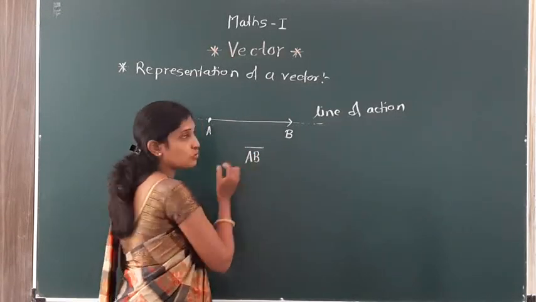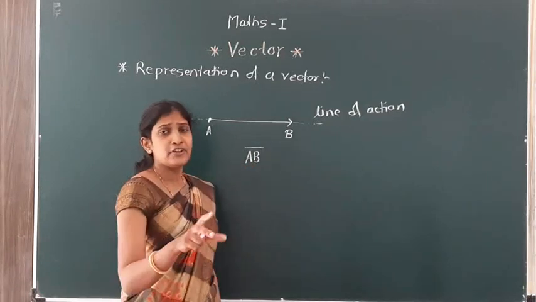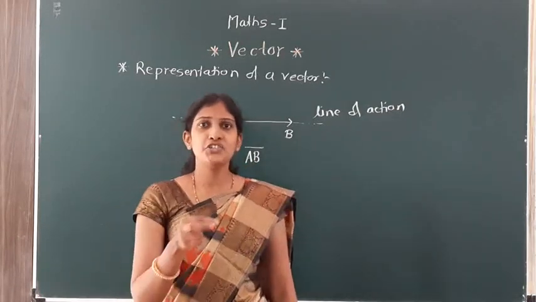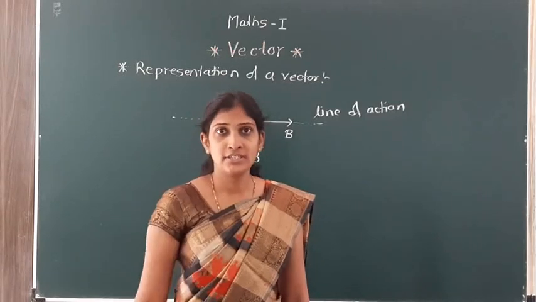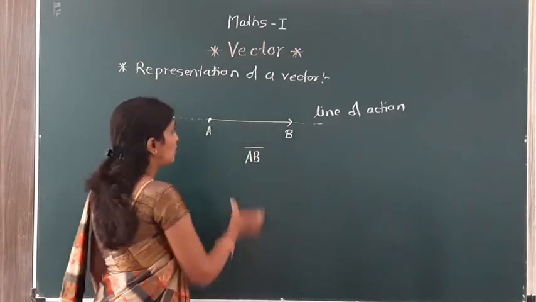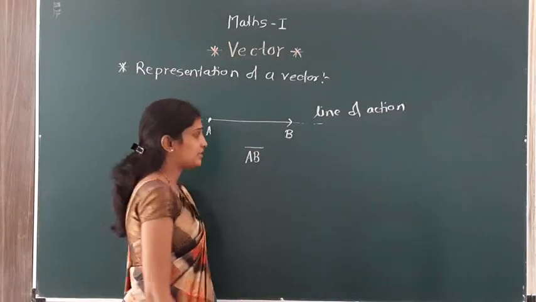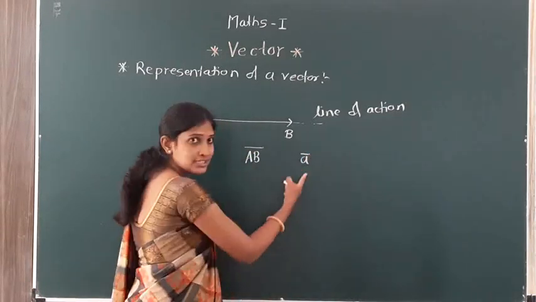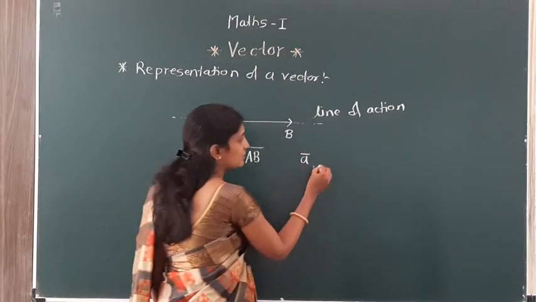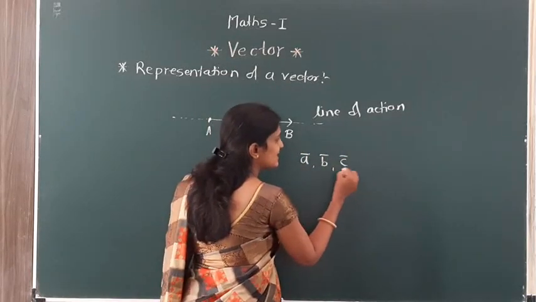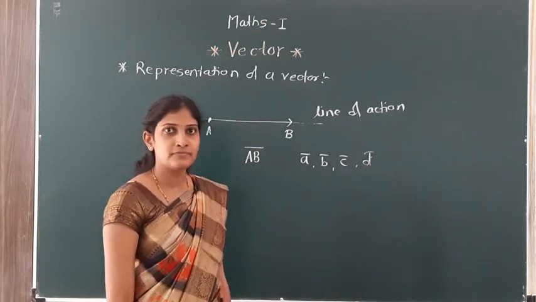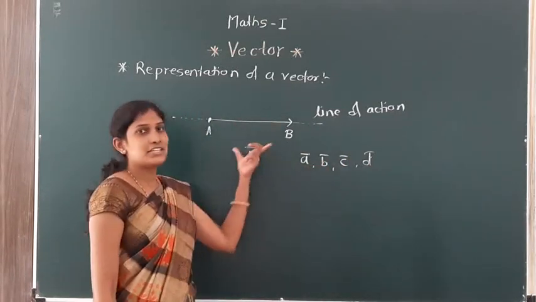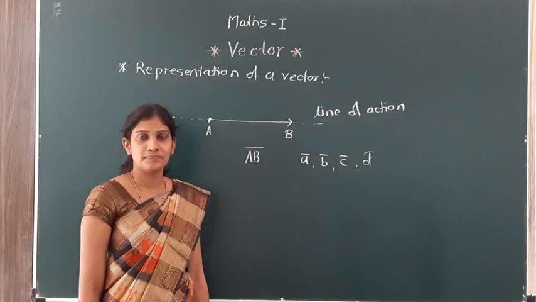This is the notation of a vector. If the initial point and terminal point are not given, then we represent the vector by a small letter, a bar, b bar, c bar or d bar, whatever. This is the representation of a vector.